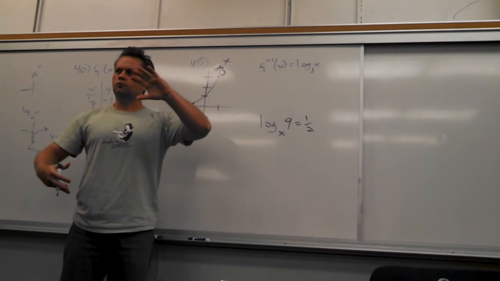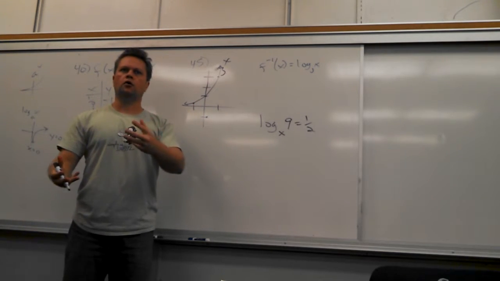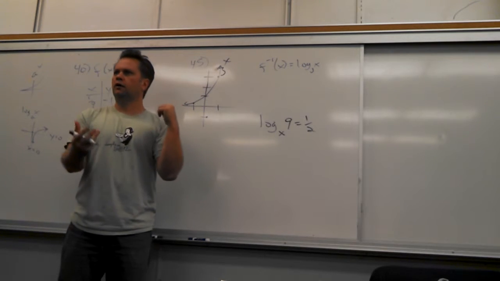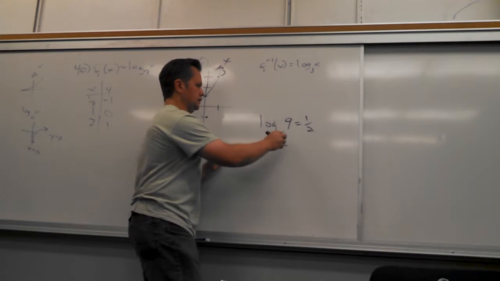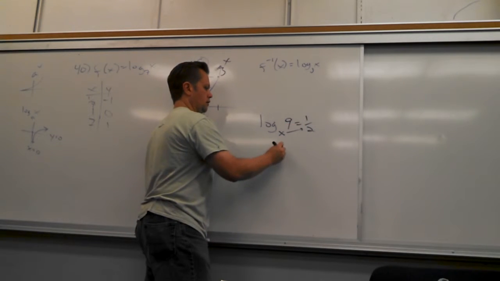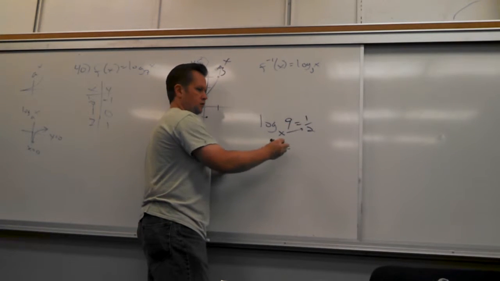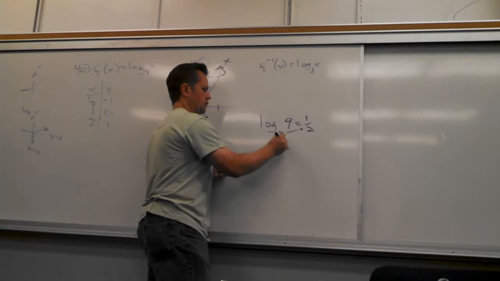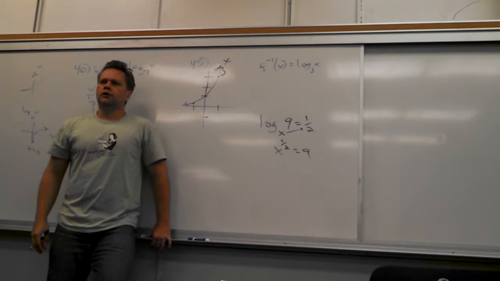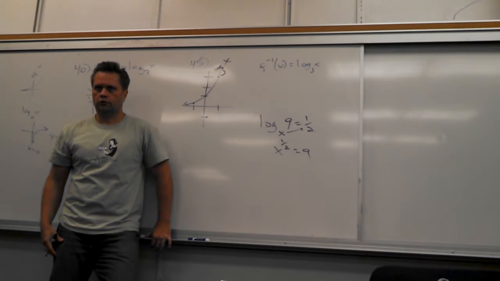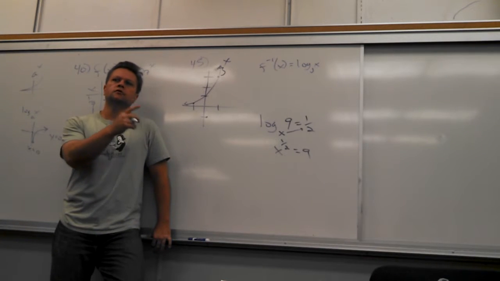And what do you always want to do when you try to solve log equations? Who remembers? We've done this before. Rewrite it. Rewrite it as x to the 1/2 equals 9. And of course, we know the 1/2 power is a square root. How do you solve that?